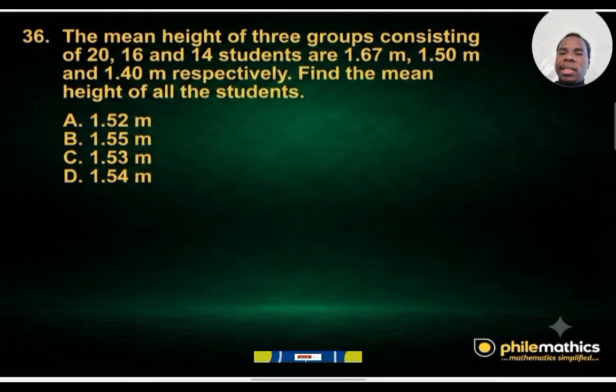This is a question on mean that says the mean height of three groups consisting of 20, 16, and 14 students are 1.67 meters, 1.50 meters, and 1.40 meters respectively. Find the mean height of all the students. Now you need to understand what's going on here. We have three groups of students.